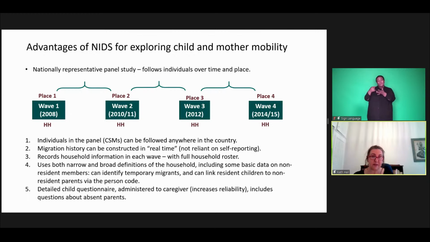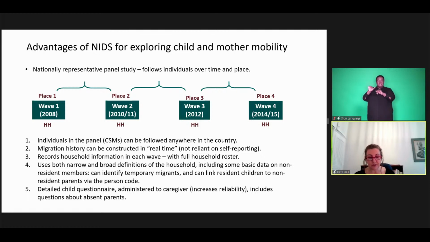It also uses both broad and narrow definitions of the household, and these have been discussed. The narrow definition is similar to what StatSA uses in most of its surveys, that counts as resident members only those who physically reside in the household at least 4 nights a week in the past month and who share food and resources, while the broad definition includes non-resident members who may live elsewhere for most of the time, but are regarded as part of the household and return to stay for at least 15 days a year.